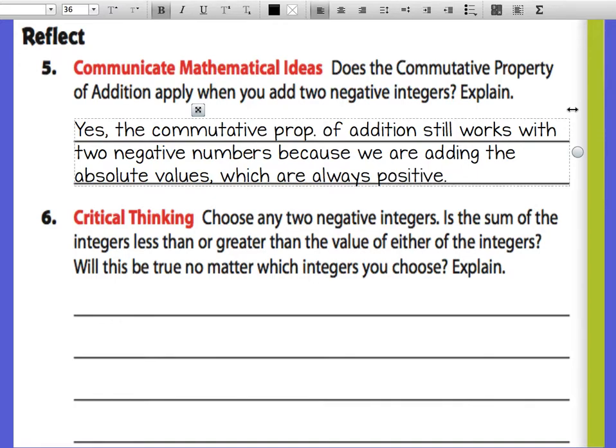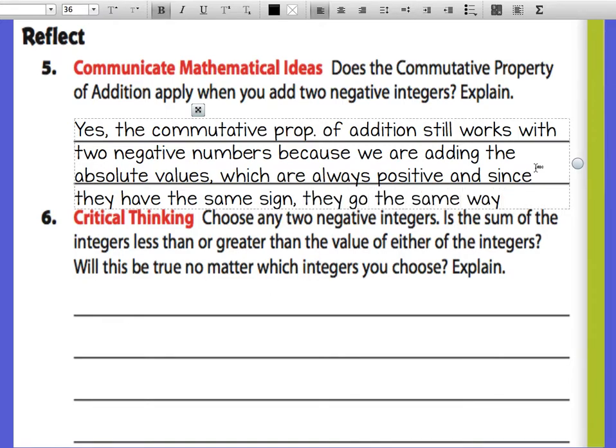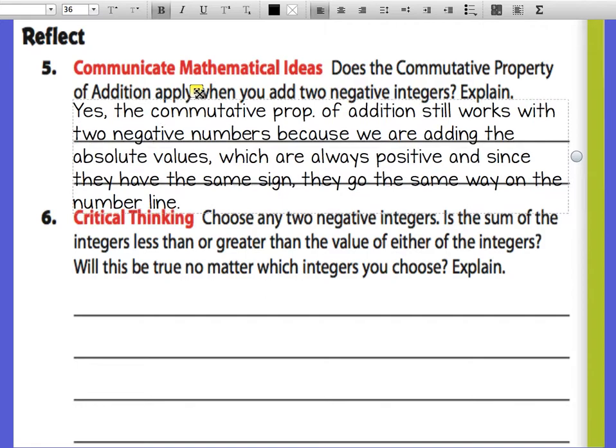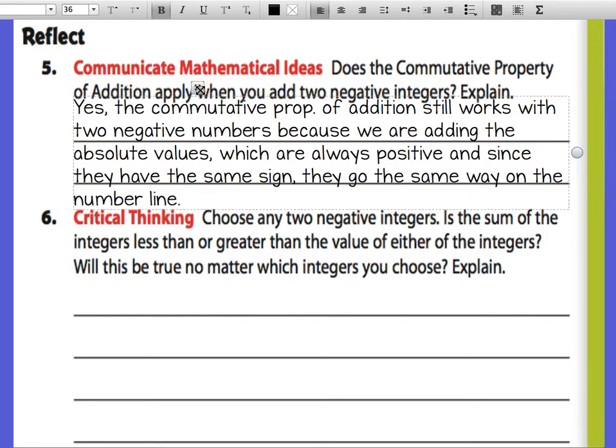And we know that the commutative property works with positive numbers. Right? So we could also say, since they have the same sign, they go the same way on the number line. So again, since they're negative, it starts to the left, and then when you add, you go to the left.